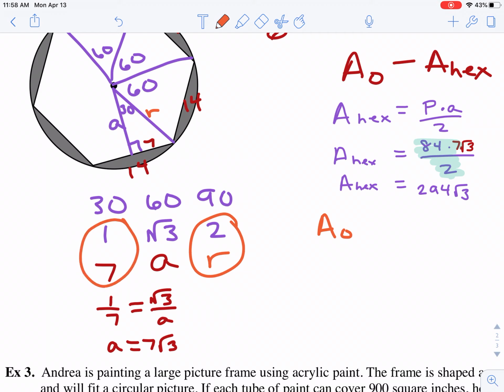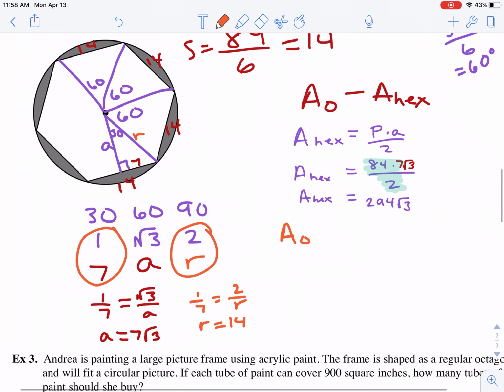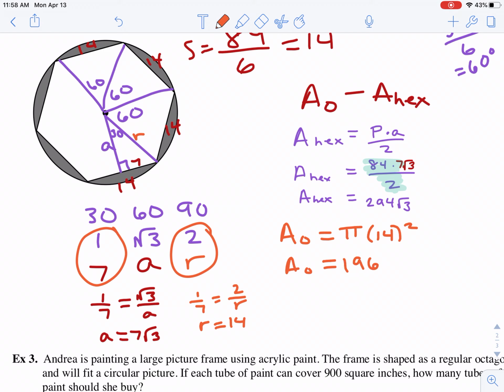So I'm going to do 1 over 7 equals 2 over r, which means r is equal to 14. And my area of a circle is going to be pi times the radius squared. So my area of my circle is going to be 14 squared, which is 196 pi.